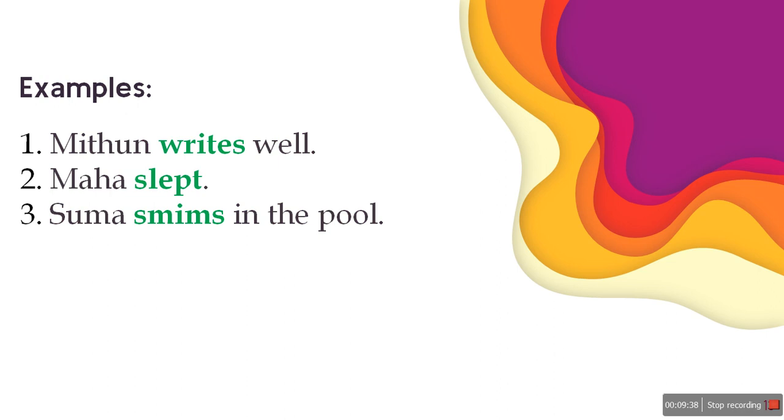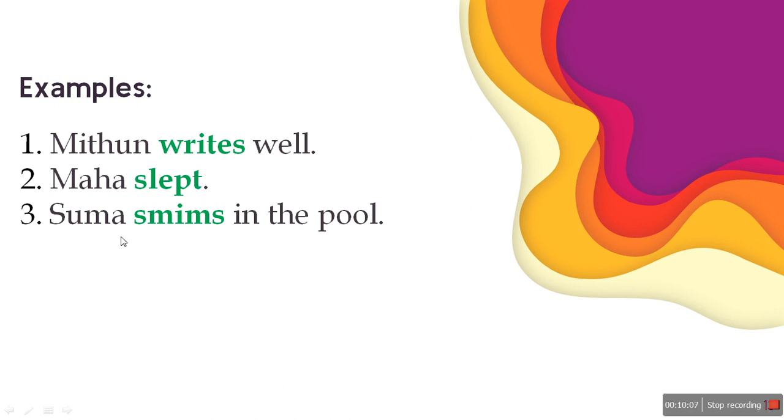Fine. So Mithun writes. What he writes? It's not there. It's incomplete. So writes is an intransitive verb. This verb has no proper object here. So this is called what? Intransitive verb. Maha slept. Slept is a verb, right? Though this is giving complete meaning, this verb has no object, so it's called what?